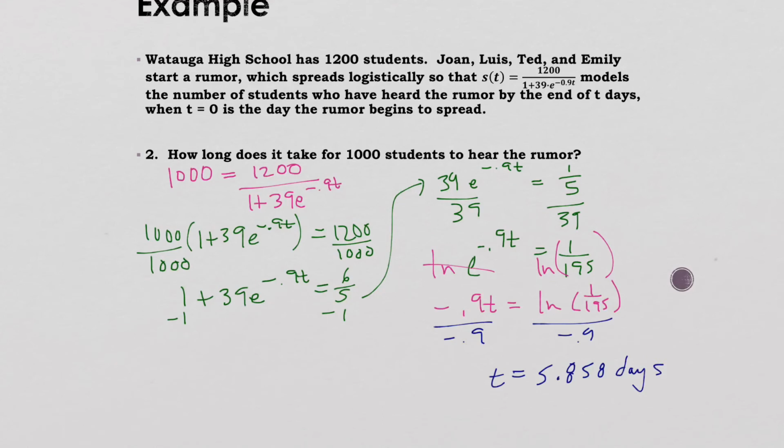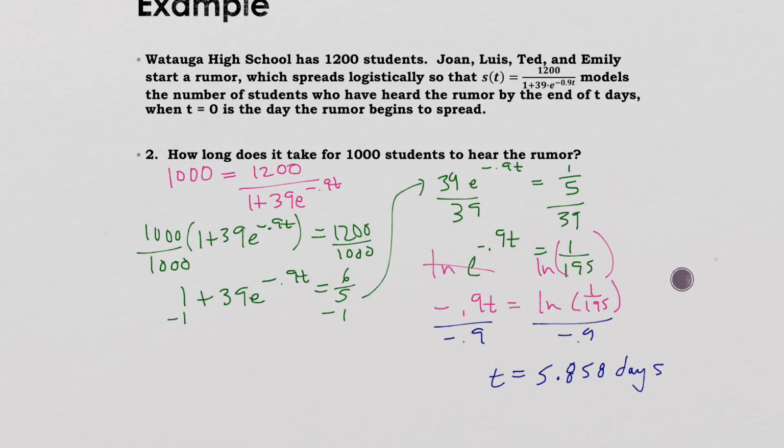So at the end of 5.85 days, 1,000 students have heard the rumor. As you can see, there's a lot of solving equation skills going on here. It just looks a little different, but all of our skills are still the same.